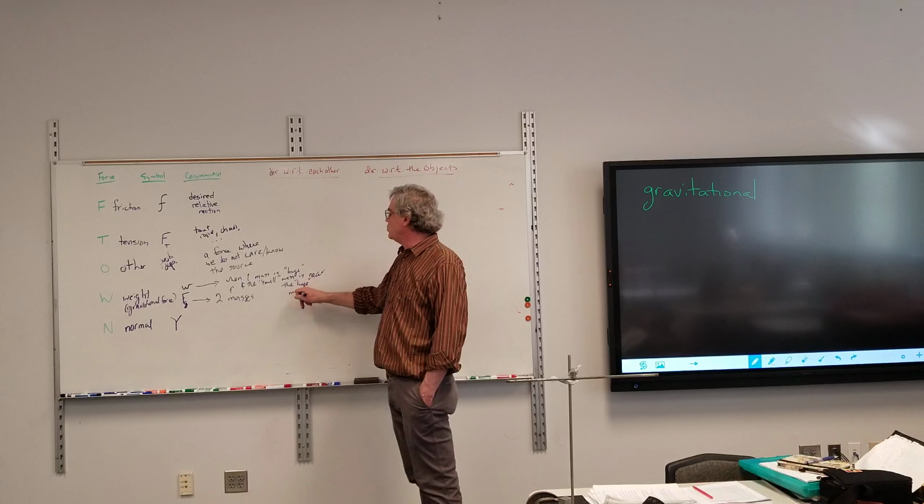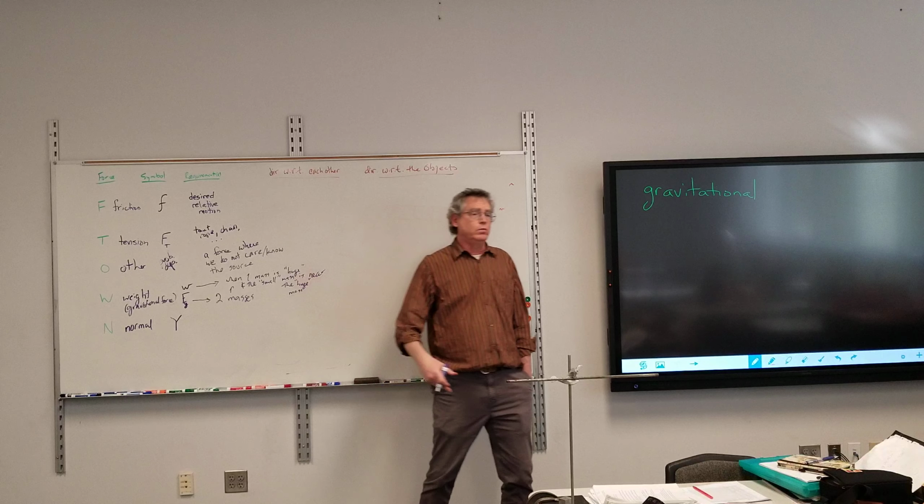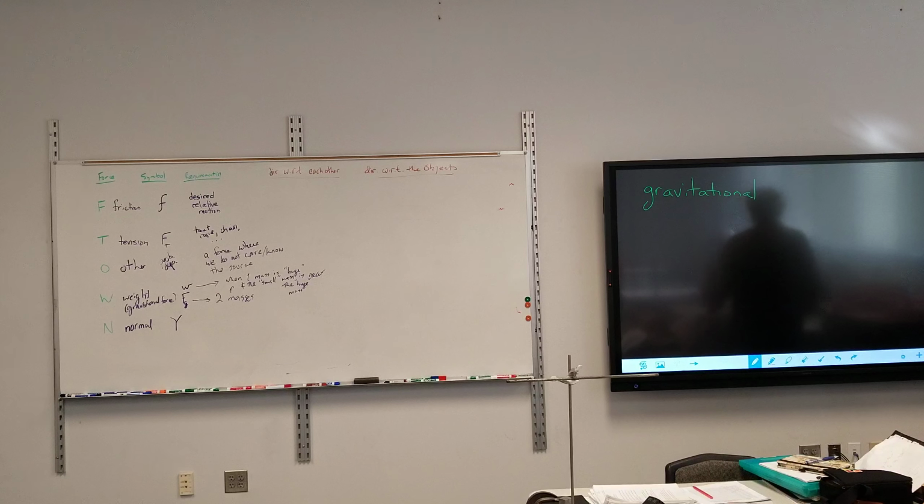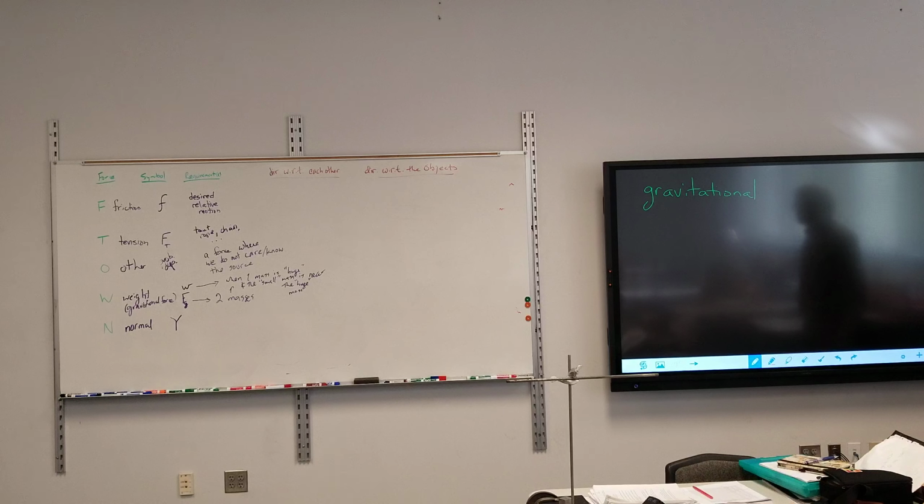When I'm talking about huge here, I'm talking planet, moon, something of that size. An elephant would be considered a small mass. So pretty much anything that you see on the Earth, other than the Earth itself, would be small.